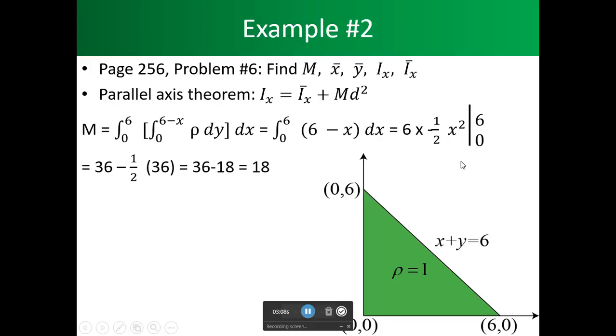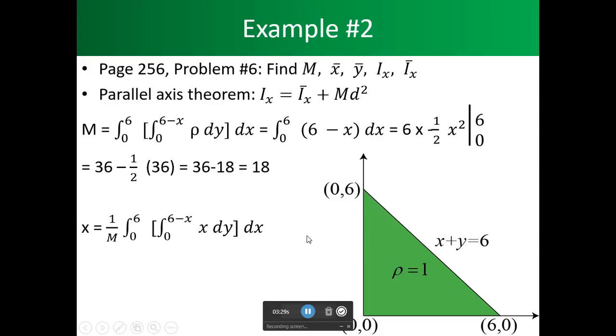So all we do is plug that in straight up. We got 6 times 6, what? 36. And there's your minus 1/2 of 6 squared, which is 36. So we got 36 minus 18, half is equal to 18. So now we know what our mass is.